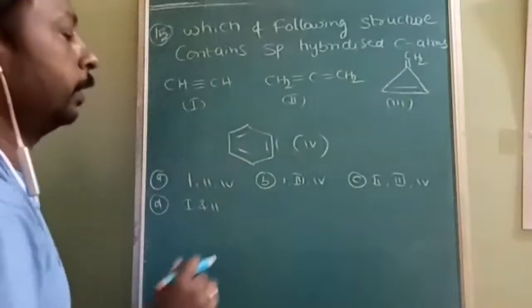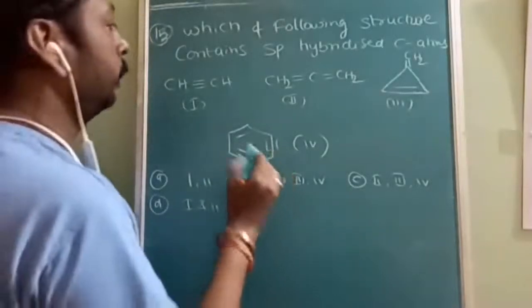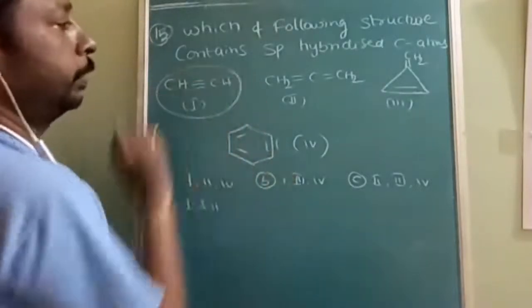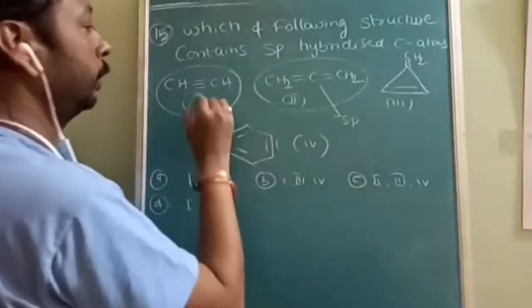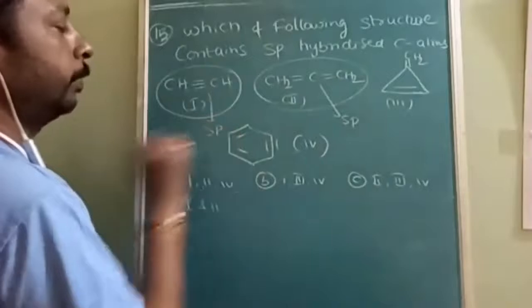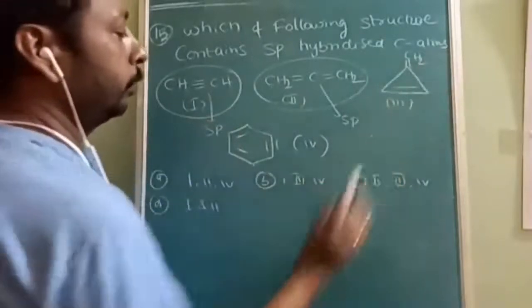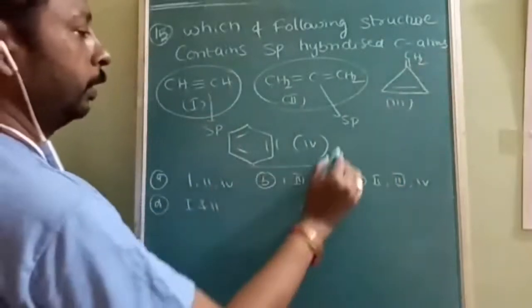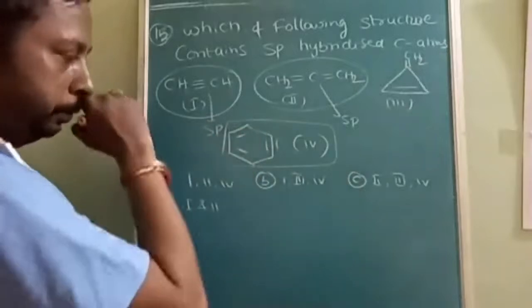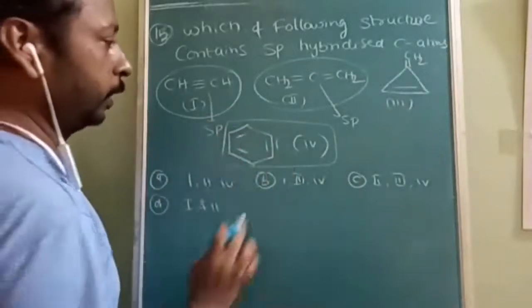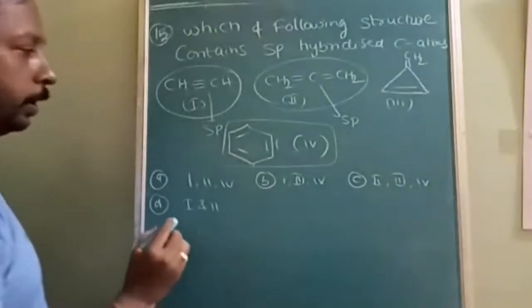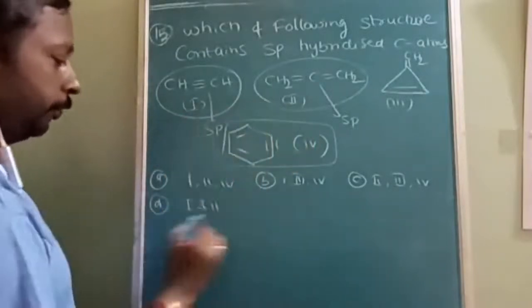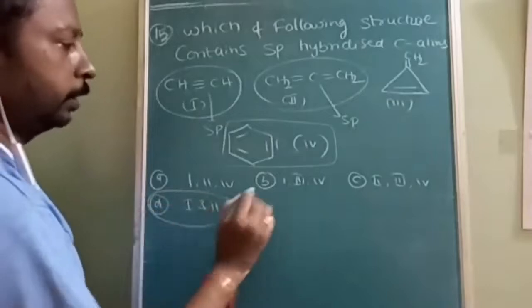Most people get confused here. There is no problem with the first one. This is sp hybridized. This is also sp hybridized. Here there is no triple bond, no problem. Here people are confused with benzene. In benzene, it is not sp hybridized. So the answer will be only 1 and 2. That is D, the correct answer.